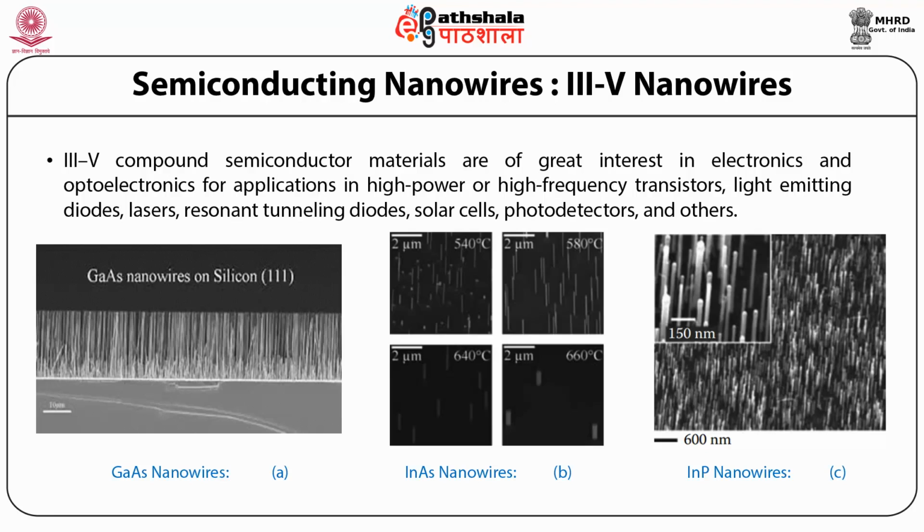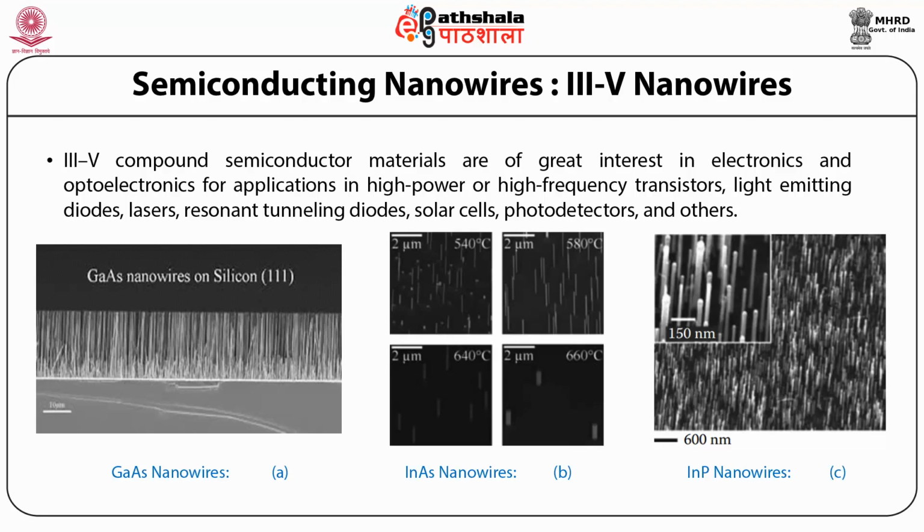Their usefulness in the above applications has been well established in the last 2 decades through thin film and quantum wells of gallium arsenide, aluminum gallium arsenide, indium gallium arsenide, indium phosphide, and GaP, etc.